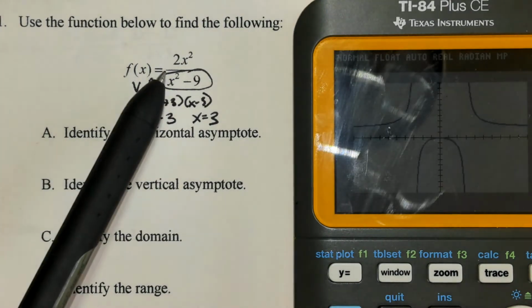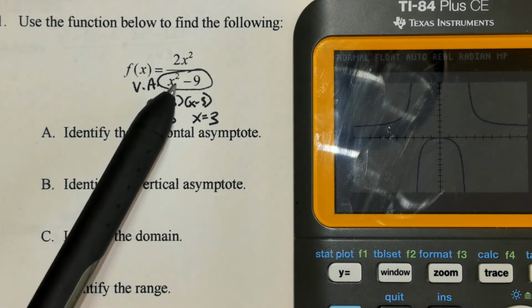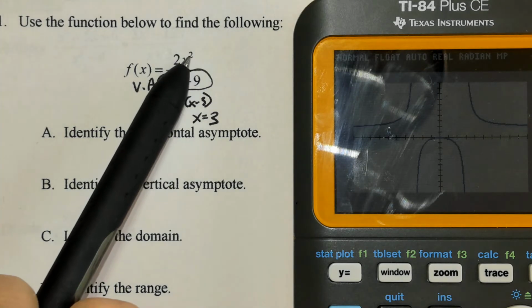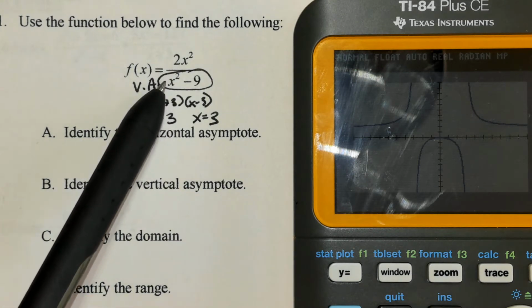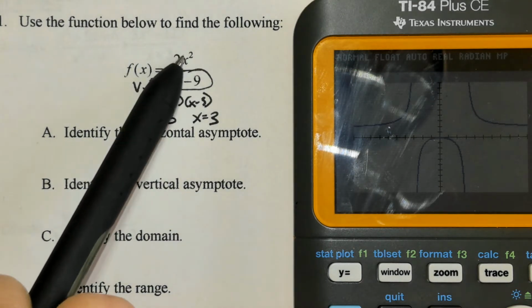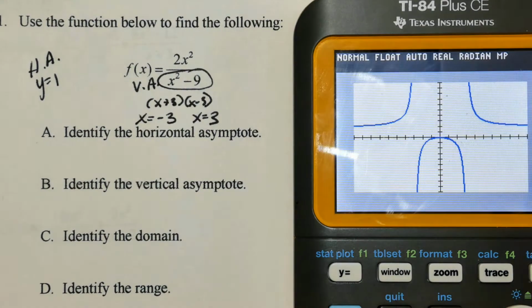For the horizontal asymptote in this form, I can see that on top the highest degree is 2, and on the bottom the highest degree is 2. When that's the case, I get to take the coefficient in front of both and divide. 2 divided by an invisible 1 is 2. So the horizontal asymptote is y = 2.